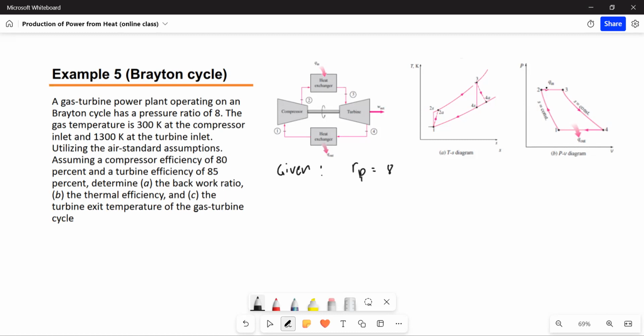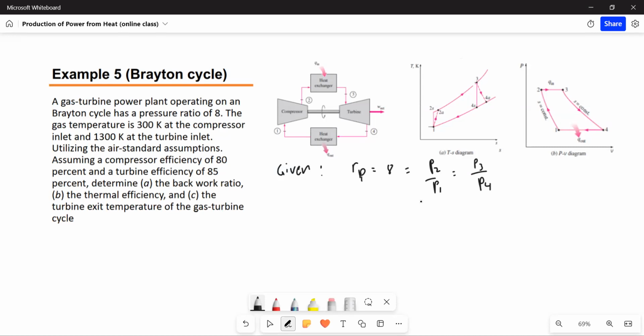Based on our PV diagram and PS diagram, diba? It's the ratio of P2 and P1. Based on our lecture, diba? It's the pressure ratio P2 over P1. And since this part right here for the Brayton cycle is an isobaric process, 2 to 3 and 1 to 4, the pressure ratio is also therefore equal to P3 over P4.